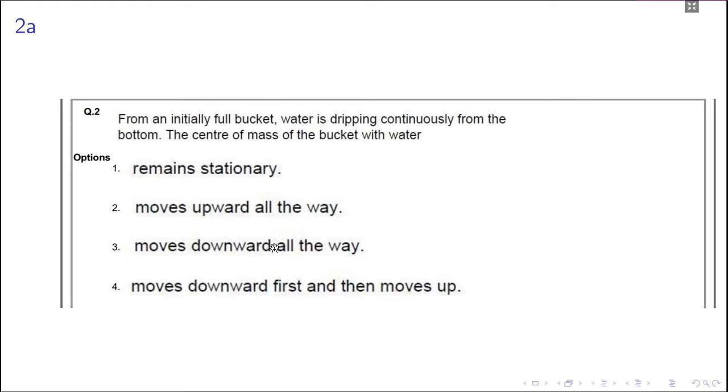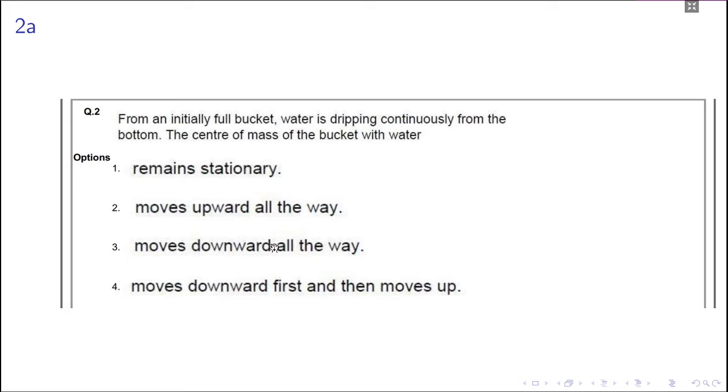Next, this is the bucket and water problem. I'm sure you know this very well by now. There's a lot of discussion on the net about how it goes. There's a bucket and water which is leaking from the bottom. It's asking for the center of mass of the bucket plus the water which is in the bucket, not what has leaked out. So how does that behave?